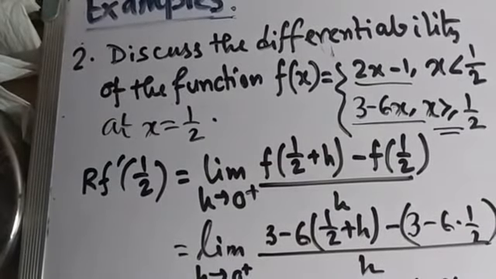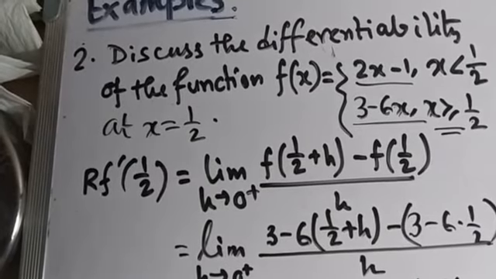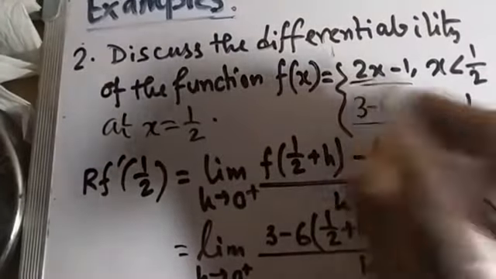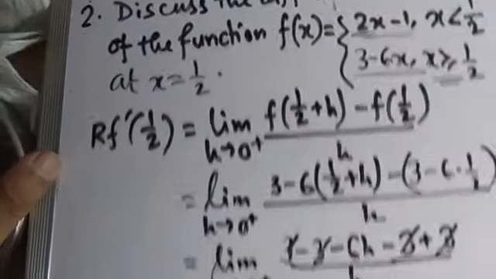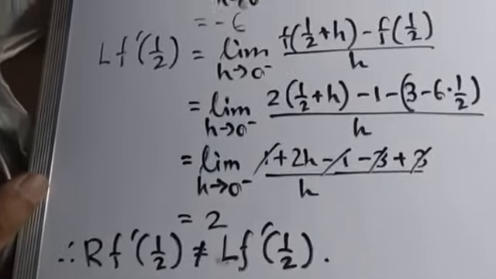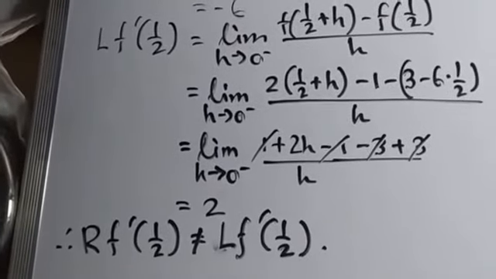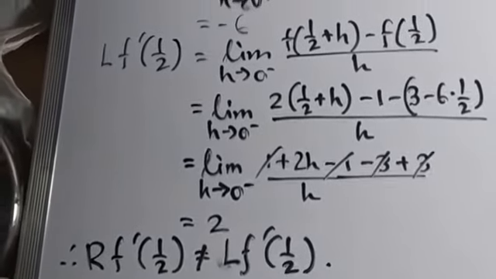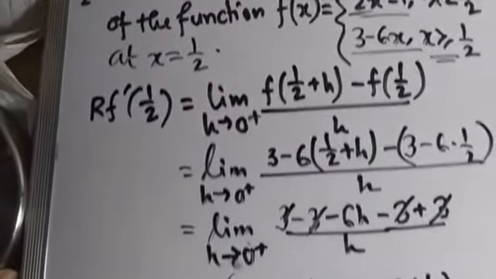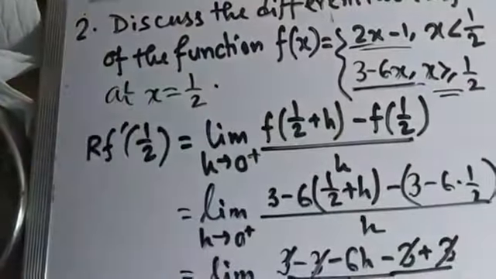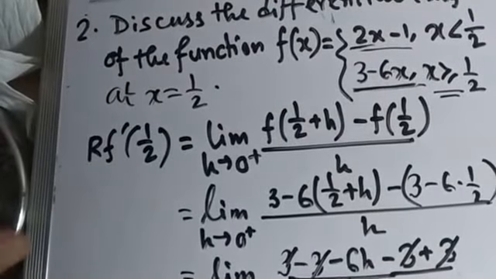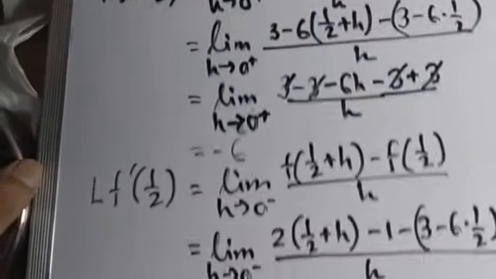So if it is a straight line, what is the slope for this straight line? See, it is 2. From the left side of half it is 2, that is coming here as the left hand derivative, 2. And also for the right hand derivative, see, at the right side of half the slope is minus 6, that is coming here as the right hand derivative.